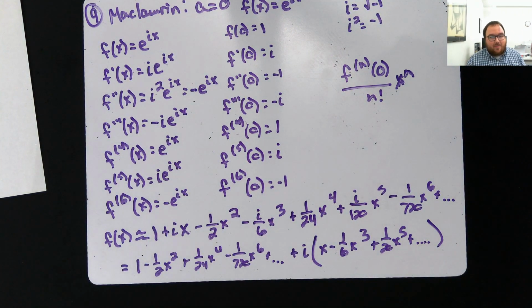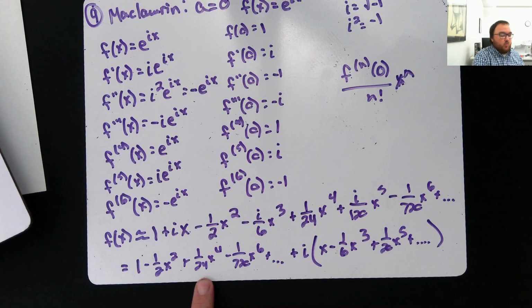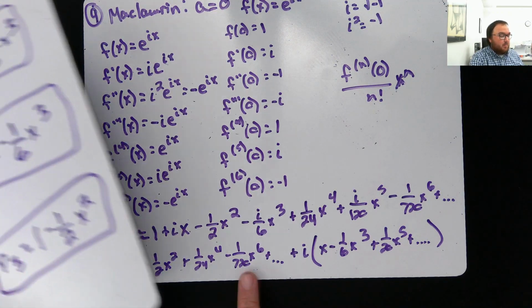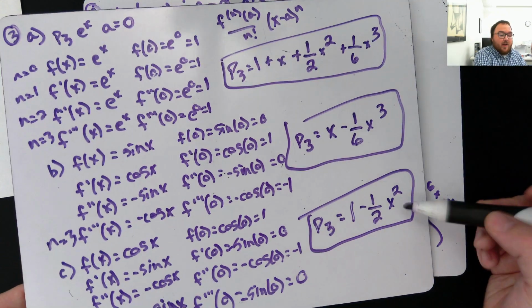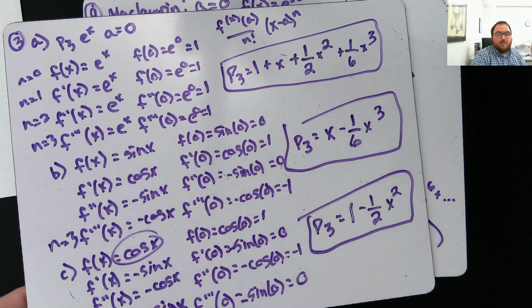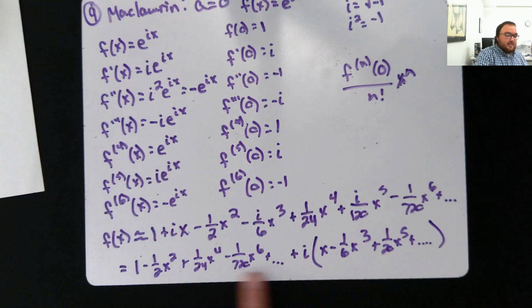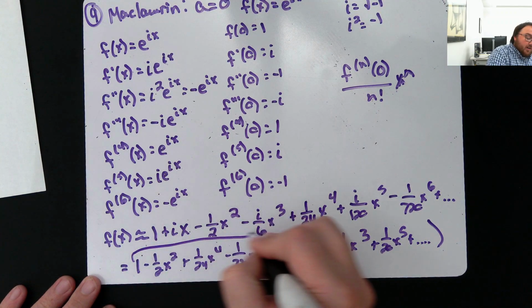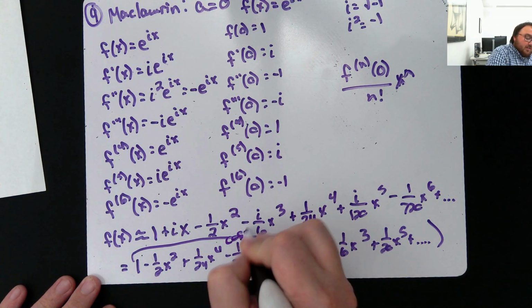Well, what do y'all notice about that? This is why I kept this board over here from example number 3, because if you notice, 1 minus 1/2 x squared plus 1 over 24 x to the fourth minus 1 over 720 x to the sixth, blah, blah, blah. That's what I got right here for cosine. This whole thing right here is cosine of x.